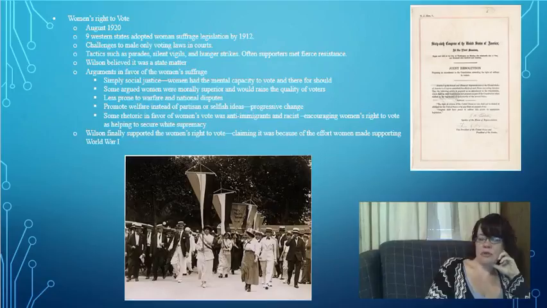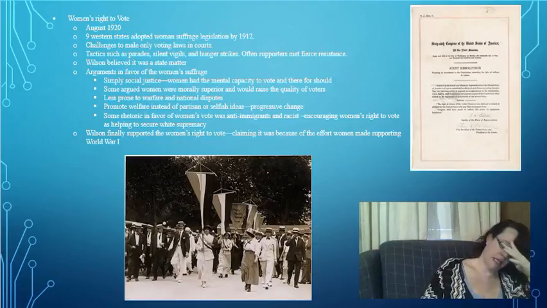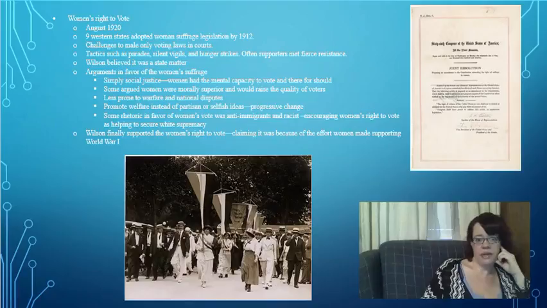And then as the movement moved on into the 20th century, the tactics got really radical for the time, though it may not seem radical to us. They led parades, they did silent vigils, and at some of these parades they were arrested, and they would even go on hunger strikes and refuse to eat.